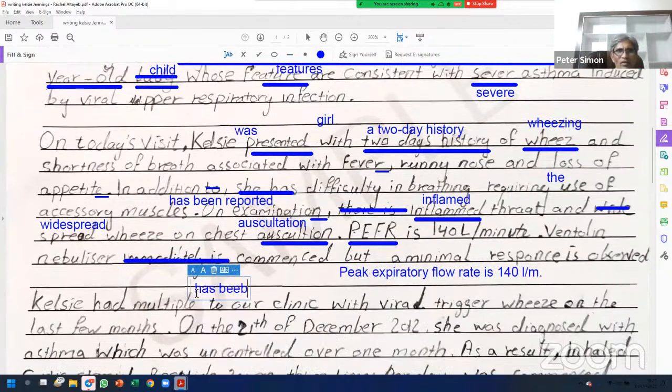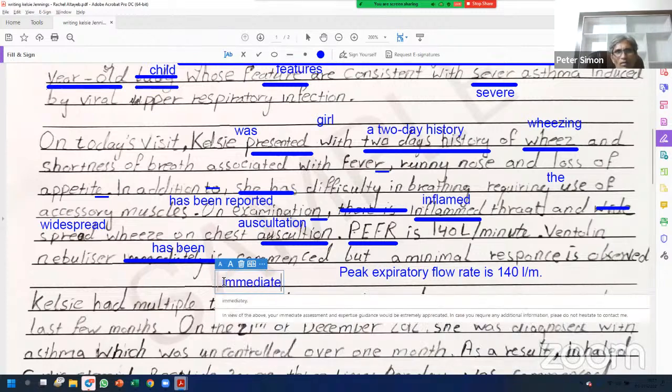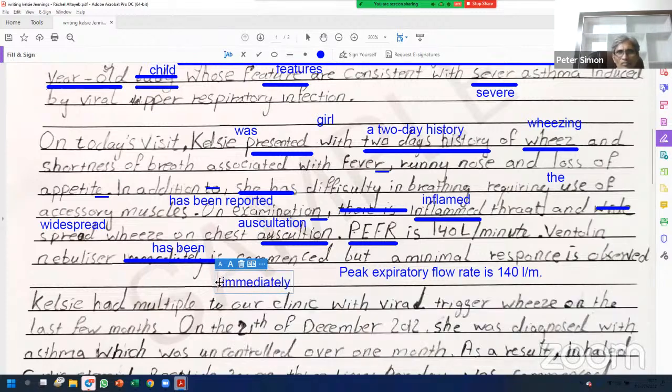Has been commenced immediately, but a minimal response. Response is a spelling mistake. A minimal response, spelling mistake.